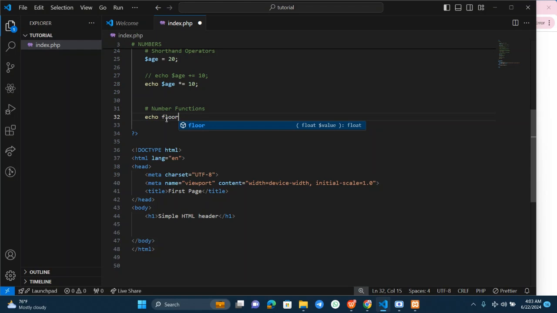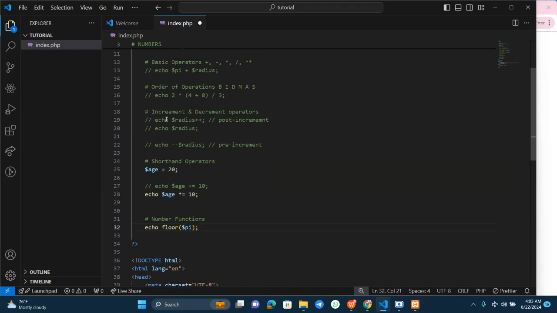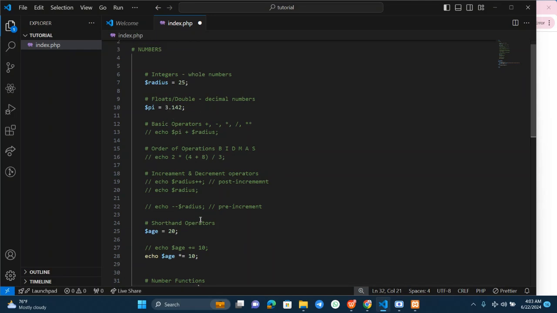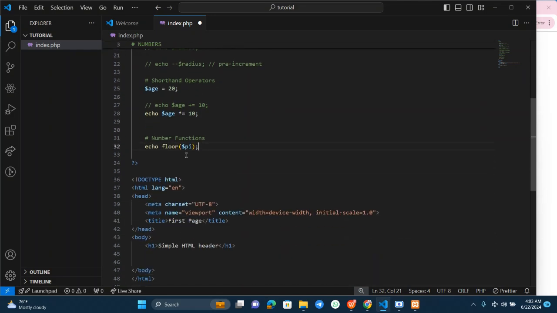Since we are talking about rounding, let me make use of a decimal. I assigned a value to a variable pi initially, 3.142, since it's a decimal, and then we are flooring it.